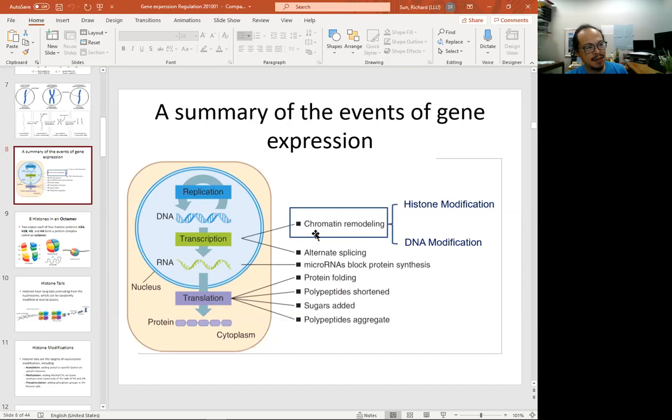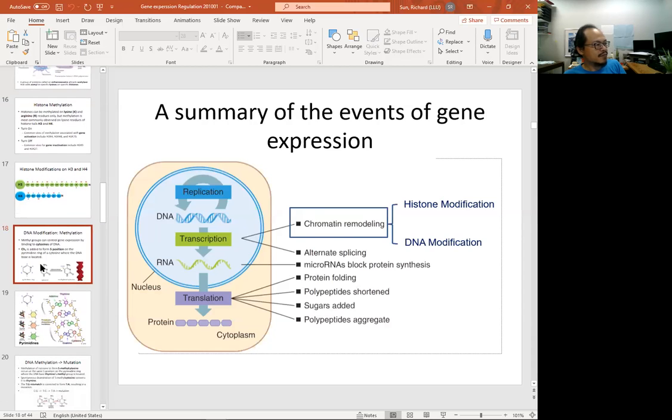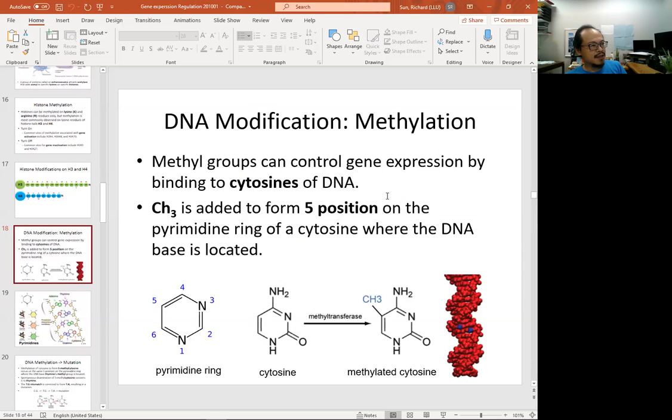In addition to the histone modification, we can also have DNA modification. The histone modification has 3: acetylation, methylation, and phosphorylation. Easy, right? So these 3. DNA modification, only 1: methylation. So that's it here. DNA methylation.